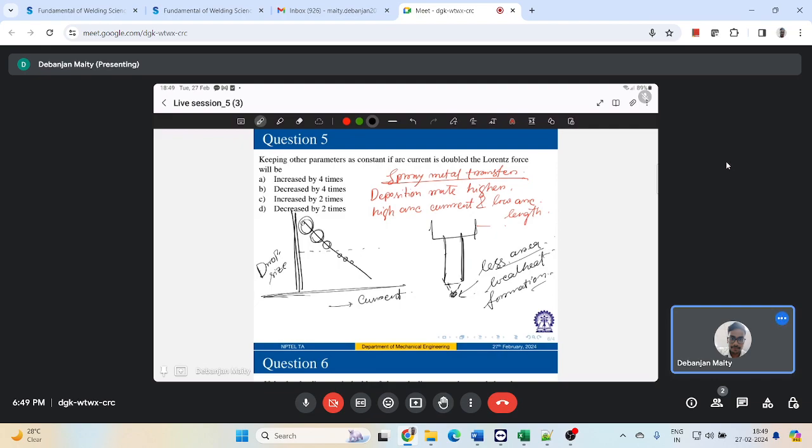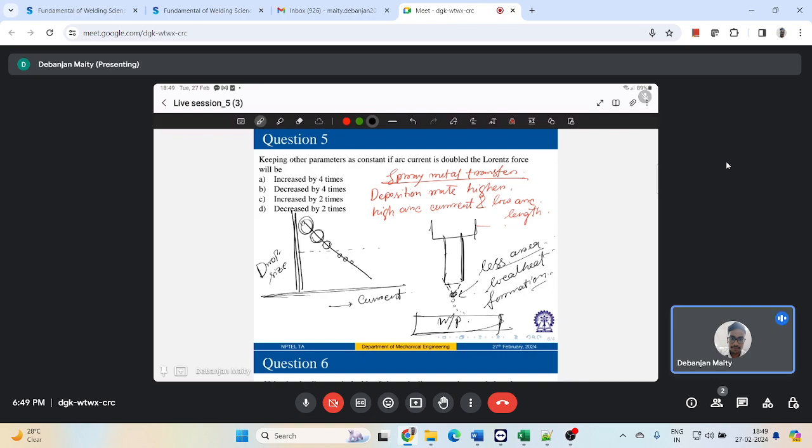Because of that, fine droplets are formed and get detached from the electrode end. So you'll have those fine droplets over your workpiece. So this is my streaming spray metal transfer.